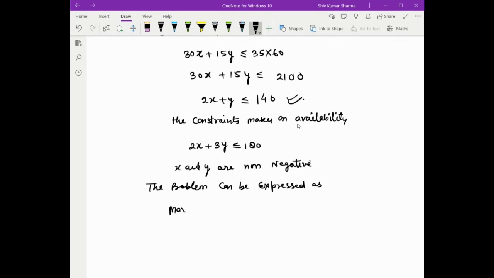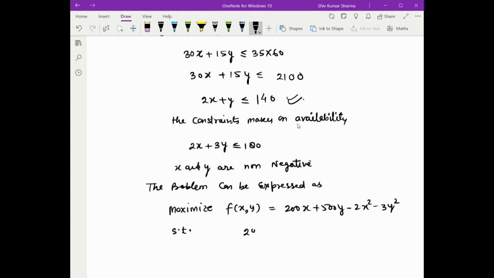profit. In case of profit, the problem is maximization, objective function maximization, two variable f of x y, which is equal to 200x plus 500y minus 2x square minus 3y square, subject to constraints.